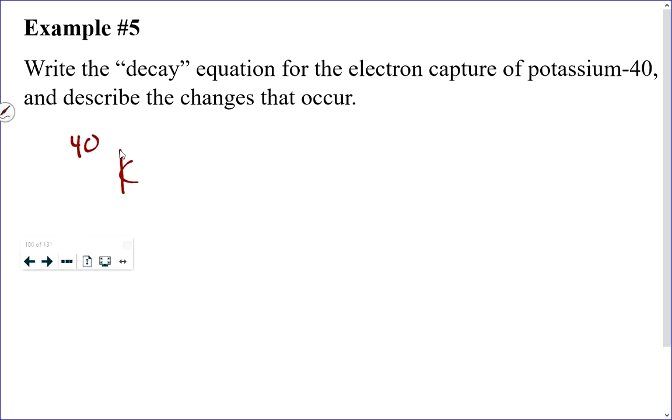Is potassium number 20? 19. And it captures an electron. For some reason, there's an electron at a very low energy level. And I'm personalizing the electron, and it's just an analogy. But that electron looks down, sees the nucleus, says, hey, that looks like a good place to be. And it goes into the nucleus.